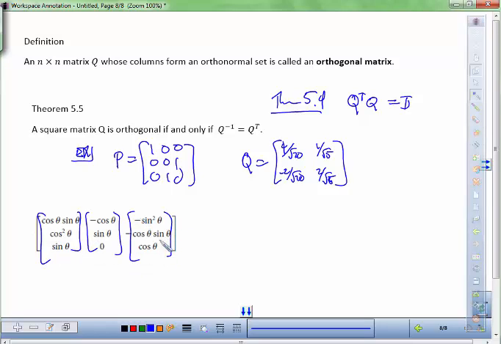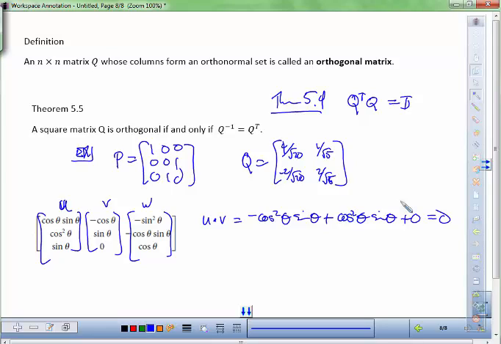We have to first dot them to make sure that they're equal to 0. So let's call these U, V, and W. So U dot V, let's just do an example. So this is negative cosine squared theta sine theta plus cosine squared theta sine theta plus 0.